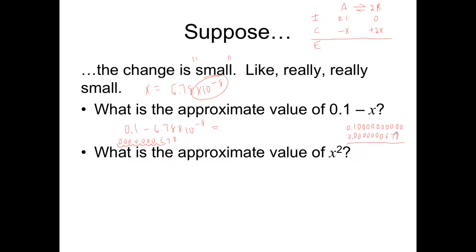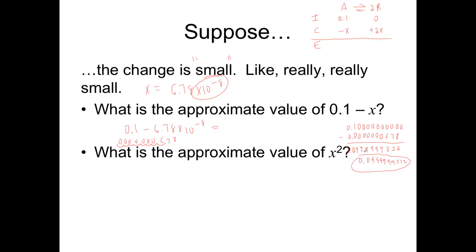Now I subtract, and I get 9s, 9, 9, 9, 9, 9. Rather, 0.0. Can you see that? It's 0.099999322. Now, what is this number?